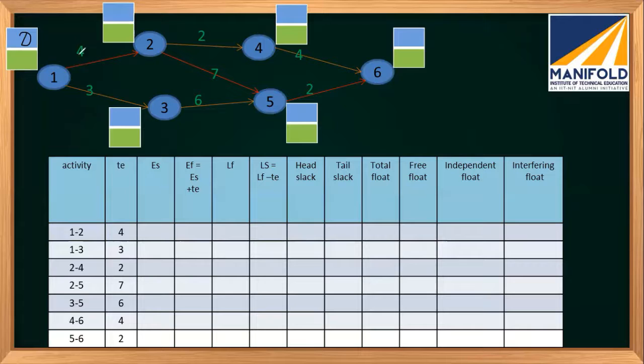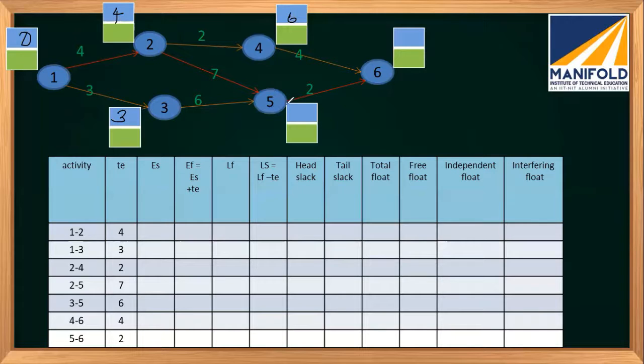So plus this duration will give you the earliest for this event to occur, so that will be 4. Earliest for this one will be 0 plus 3, which is 3. For node 4, that will be 2 plus 4, 6.